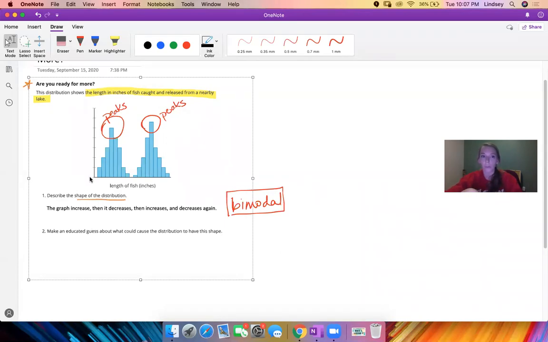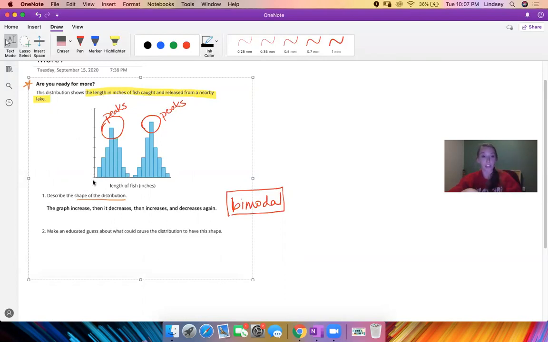We need to remember what we're talking about: the length in inches of fish caught and released in a lake. According to our data, the lengths start out really small, and then they get longer, and then some are shorter.